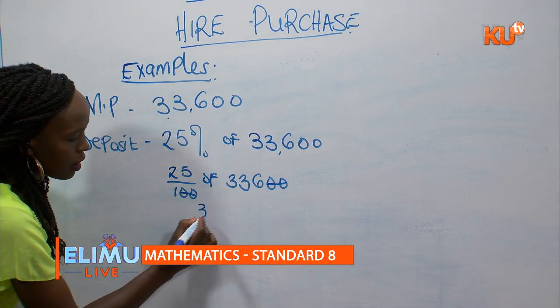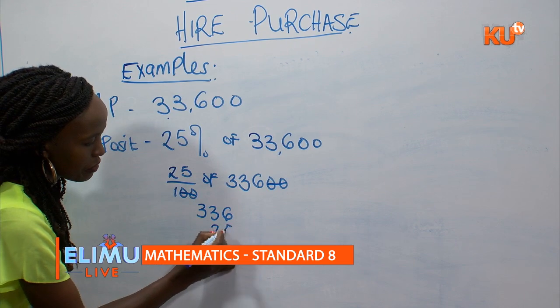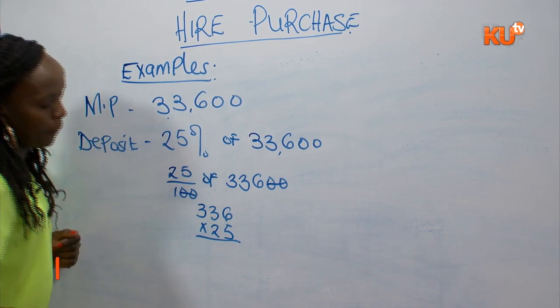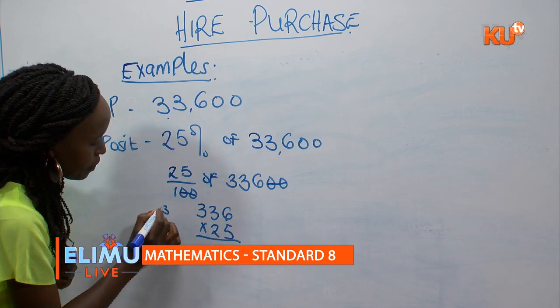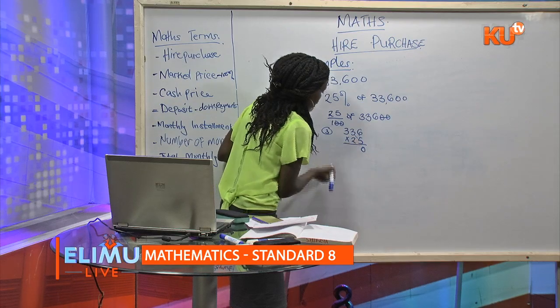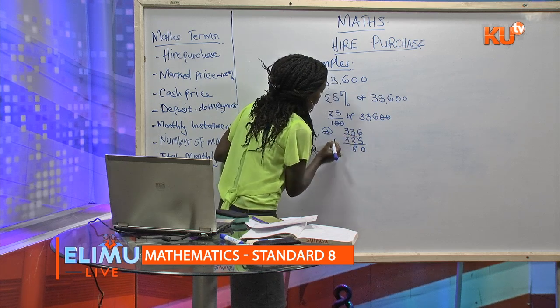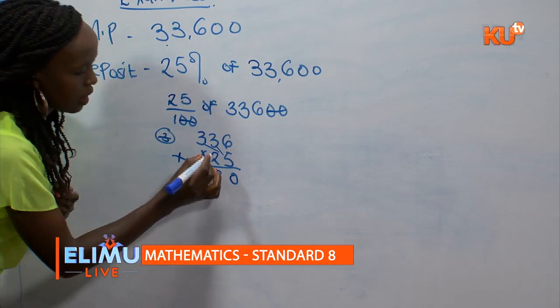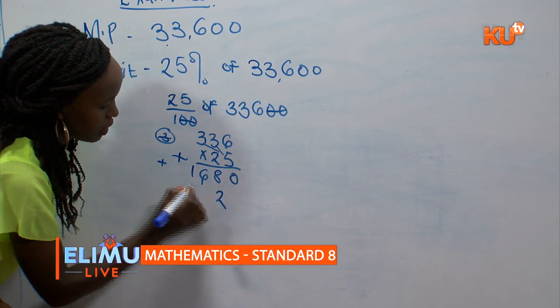Then we simplify here. We take 336 times 25. We get 30, carry 3. This is 15 plus 3, we get 18. Carry 1, 15 again, 16. Then 2 times 6, 12. Carry 1, 6, 7.